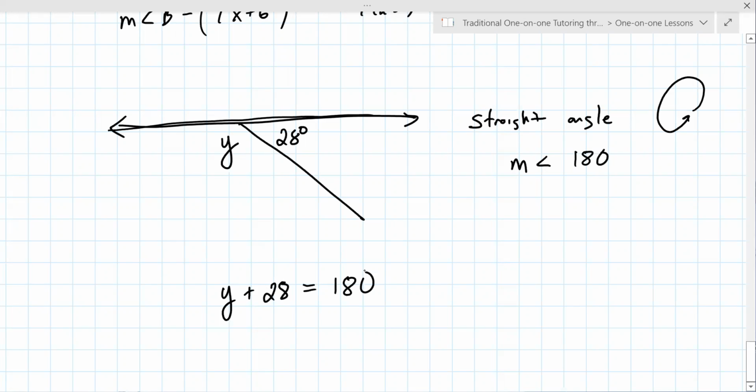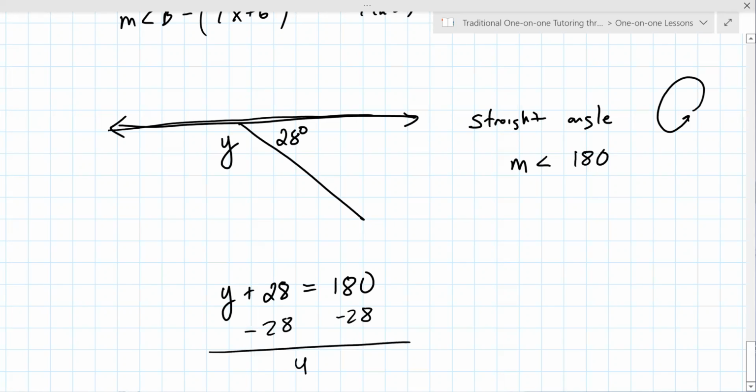You're going to solve y plus 28 equals 180. You're going to solve for y. What do you do to undo plus 28? Subtract 28 from both sides.